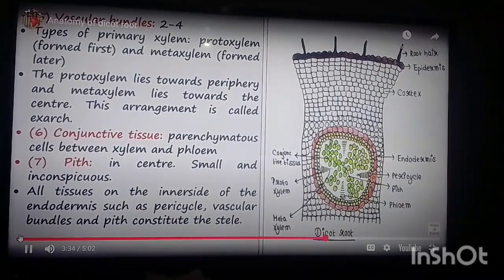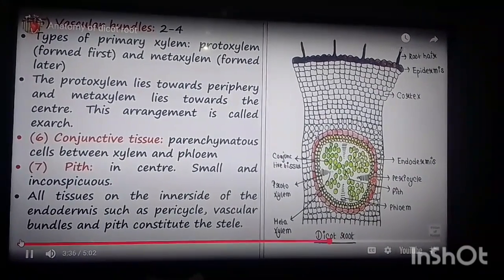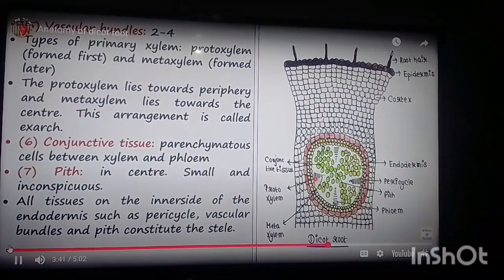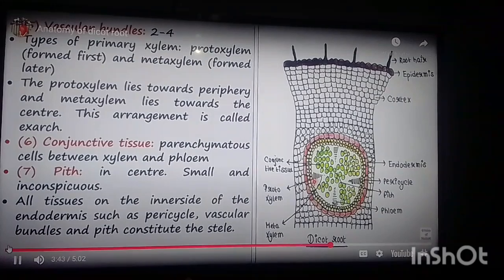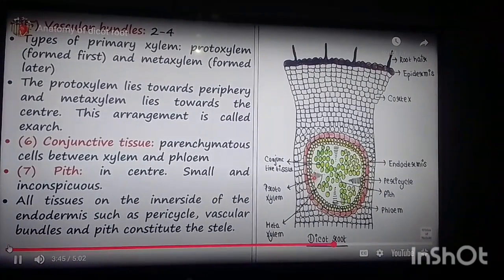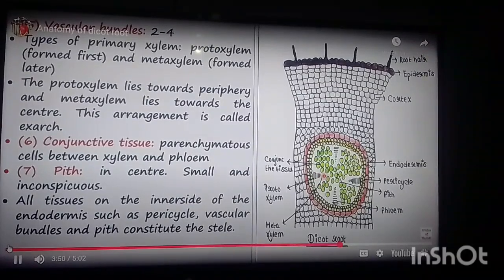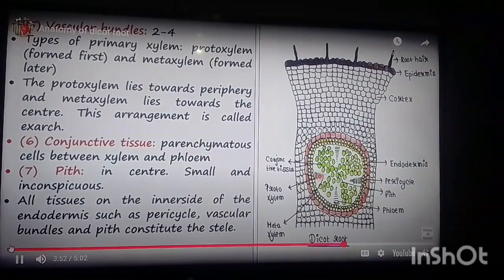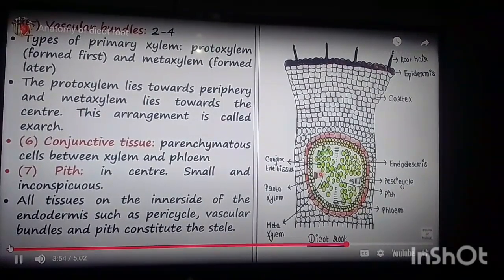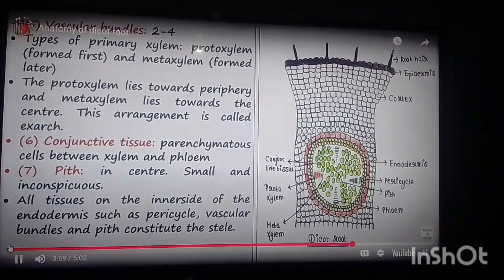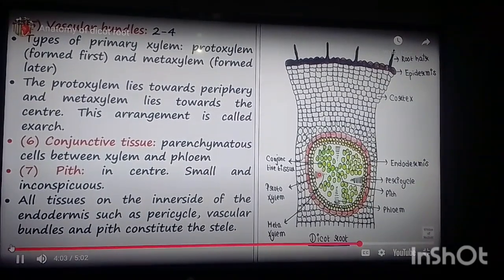You can see that protoxylem lies towards the periphery, I am highlighting this spot, and metaxylem lies towards the center. This type of arrangement is called exarch.